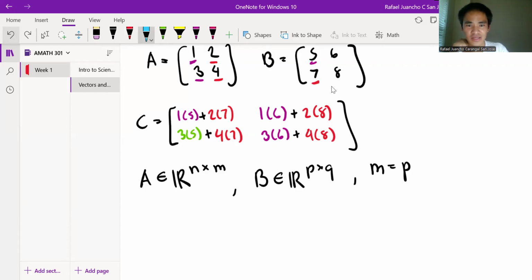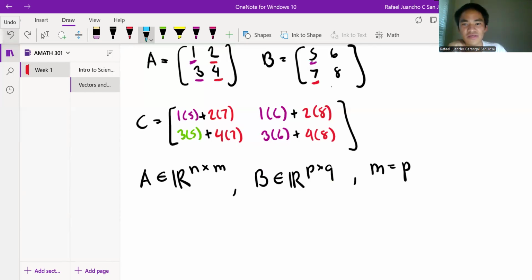Should be the same. And then we move boom, boom, and then boom, boom. So again, the number of columns of A should be the same as the number of rows of B.